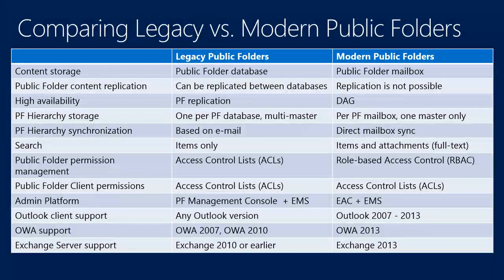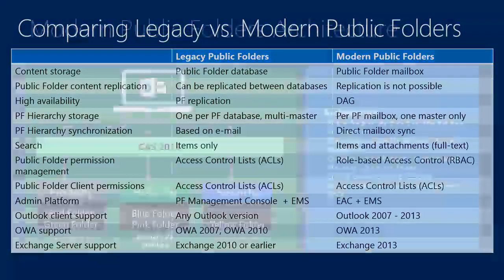And they got rid of them. So Exchange 2013 uses direct mailbox sync. The technology is called ICS to synchronize the hierarchy. So there are no messages flowing into your system anymore from the public folder areas. Only, of course, the emails that are part of an email-enabled public folder that are part of your messaging system.